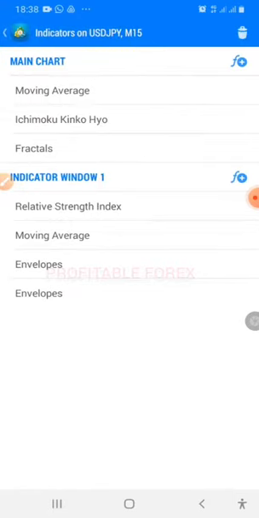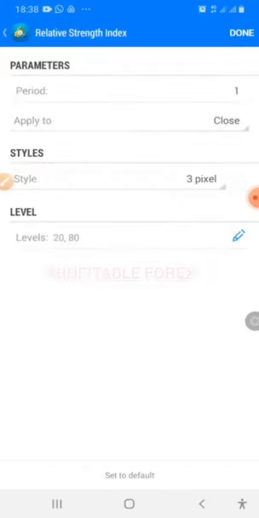Then on our indicator window, we have our first indicator, the RSI, the relative strength index, and here is the setup. Period 1, apply to close, style 3 pixel, and the color is white. Okay, the style does not have a color, it should be your background color.